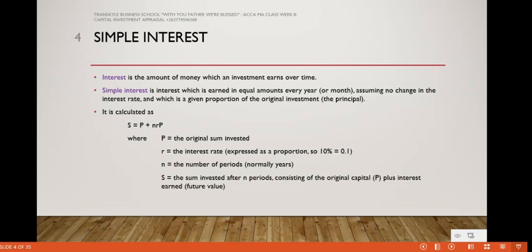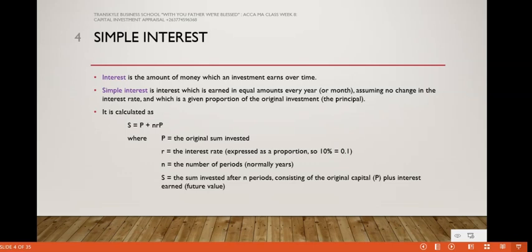So usually when they have to part with their money, they charge some interest on it. Interest is the amount of money which an investment earns over time.